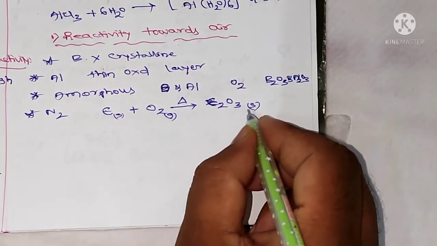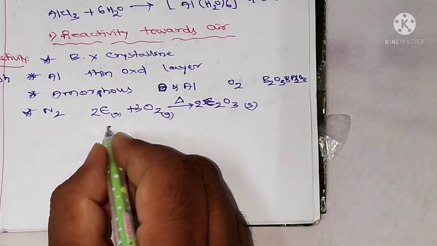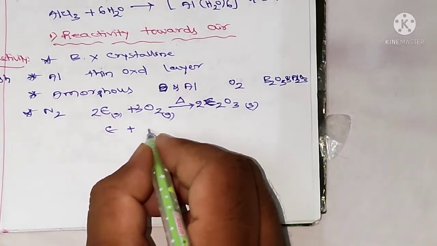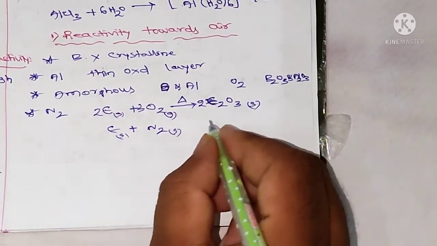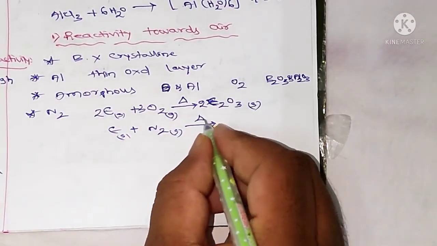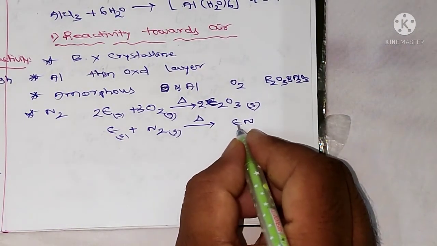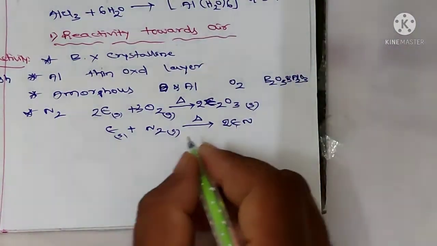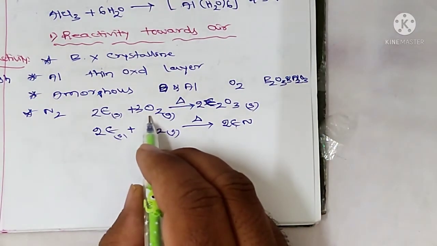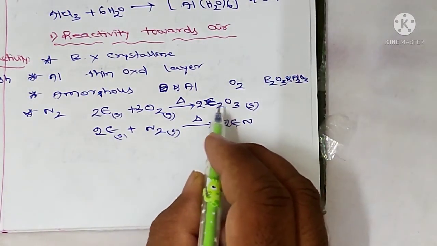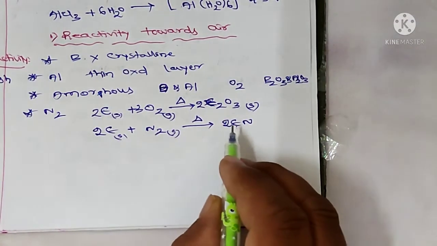It is also a solid. And the element reacts with N2 on heating, it will give a nitride. E means element. So the 13th group elements with oxygen can give E2O3, and the 13th group elements react with nitrogen and can give nitrides.